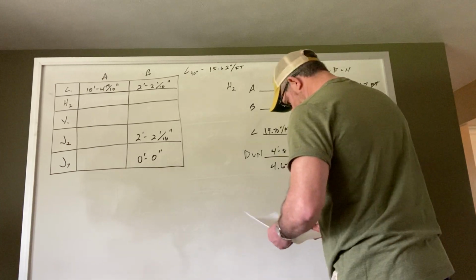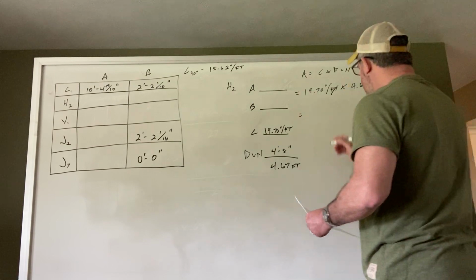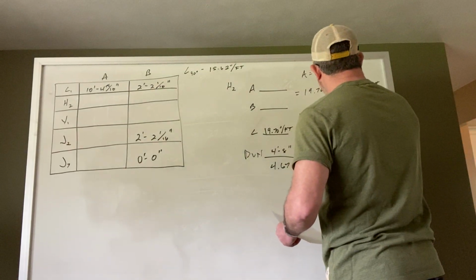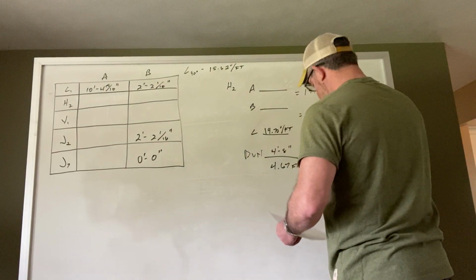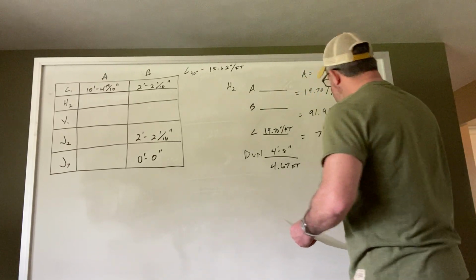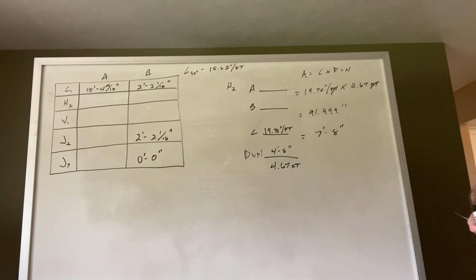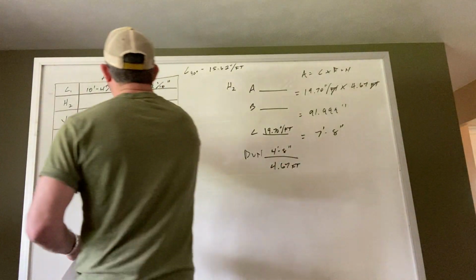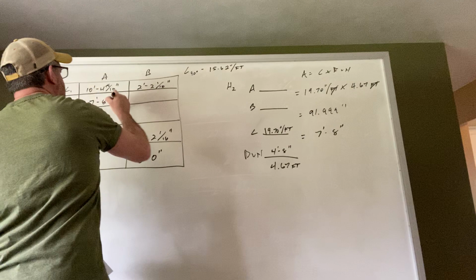Okay, and again, that works out to 91.999 inches, which when converted back to feet and inches is 7 foot 8 inches. Okay, so 7 foot 8 inches right here.